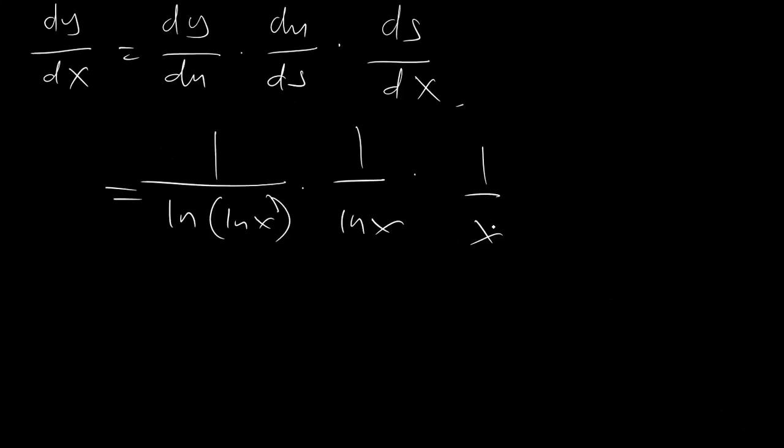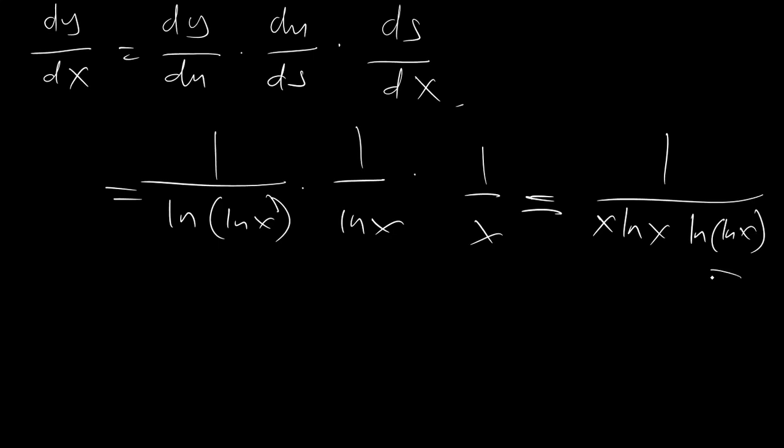So the final answer is 1 over x ln x. So that is the final answer.